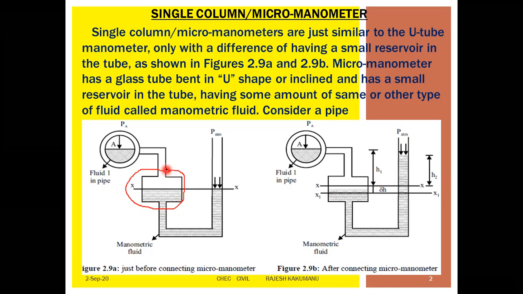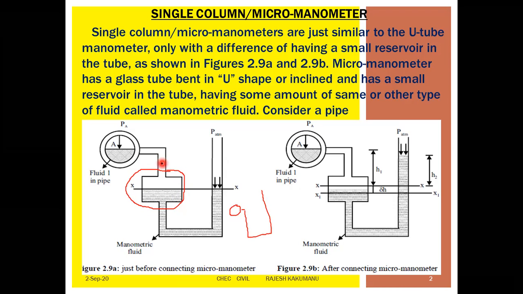In the U-tube manometer you don't have this type of reservoir, so directly you just have a line like this, connected to one pipe. But here you have a small difference: a small reservoir or chamber, shown in this figure.